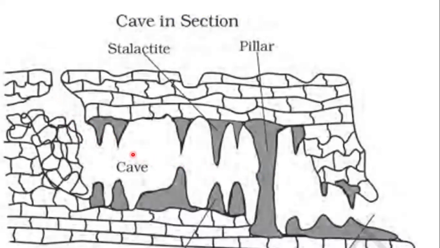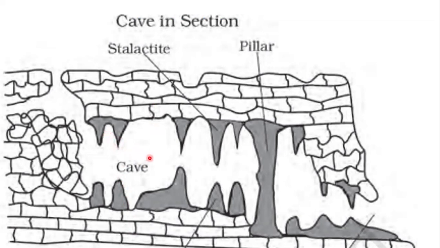Limestone or dolomite rocks are present in between the sandstone or the shale rocks. And these limestone rocks get dissolved, forming caves.